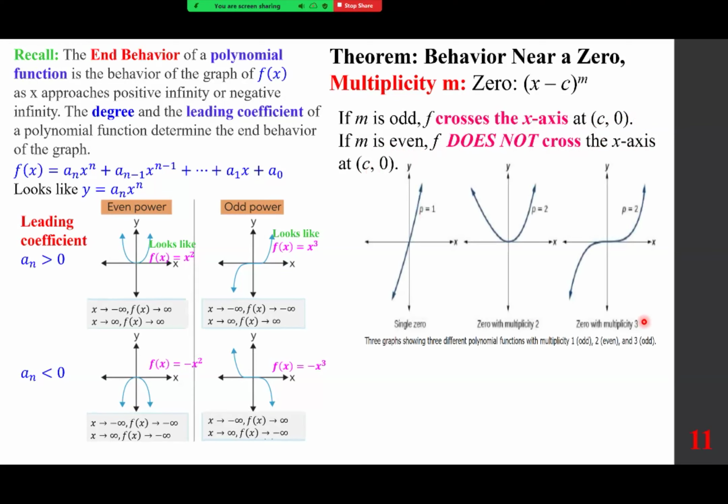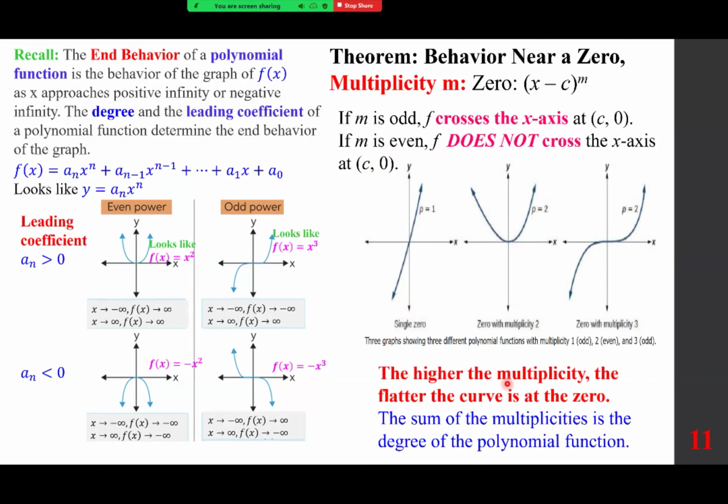In this case, we have multiplicity 3. Both of them are odd, so they cross. In this case, multiplicity 2, for example y equals x squared, it cannot cross, it bounces back up. The higher the multiplicity, the flatter the curve is at the zero. The sum of the multiplicities is the degree of the polynomial function.